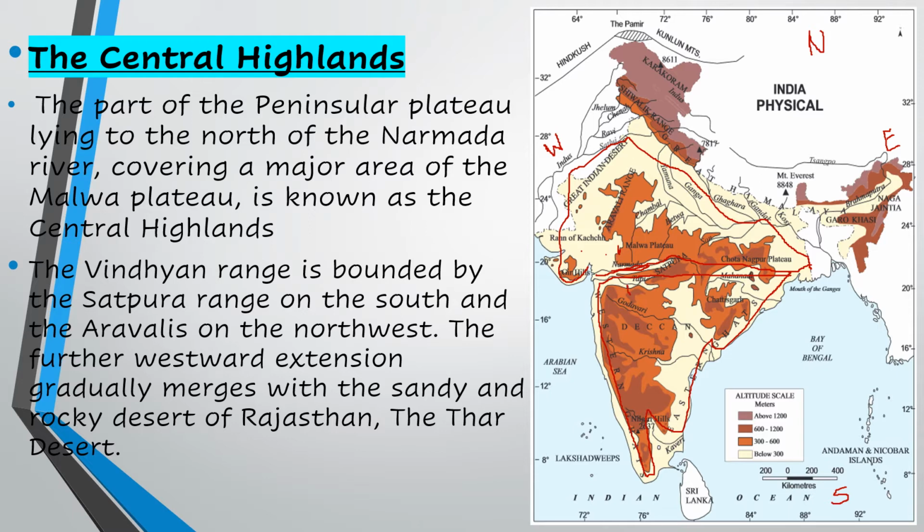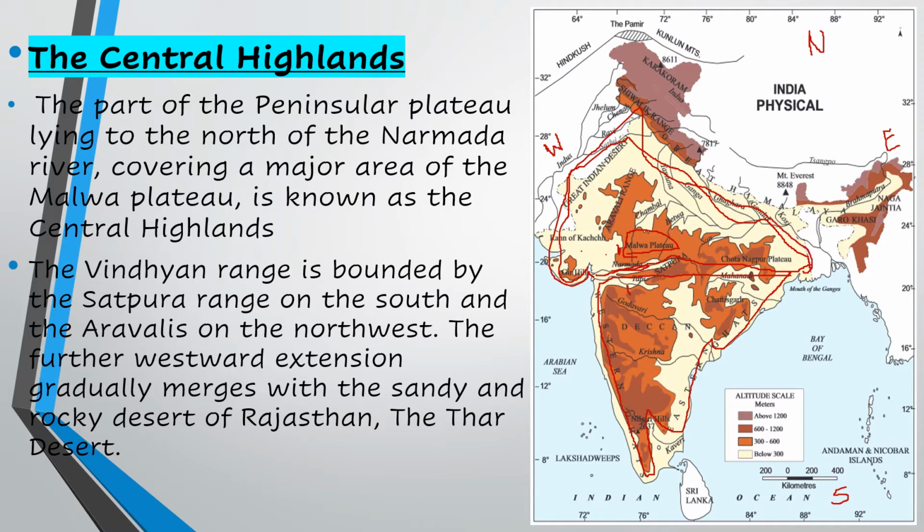So, the part of the Peninsular Plateau lying to the north, upper portion of the Narmada River, covering a major area of the Malwa Plateau. You can see the Malwa Plateau over here. Covering the major region of the Malwa Plateau, it is known as the Central Highlands. So this upper portion is the Central Highlands.